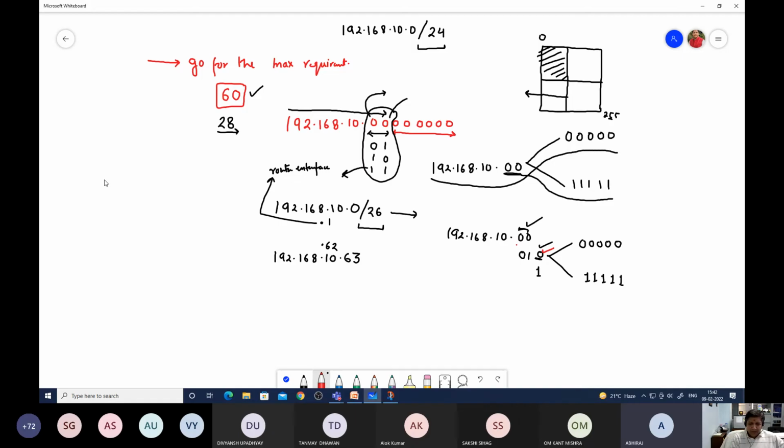Our first subnet ID, because you are subnetting and then again subnetting, would be 192.168.10.01, then 0, and then all 0 to all ones.